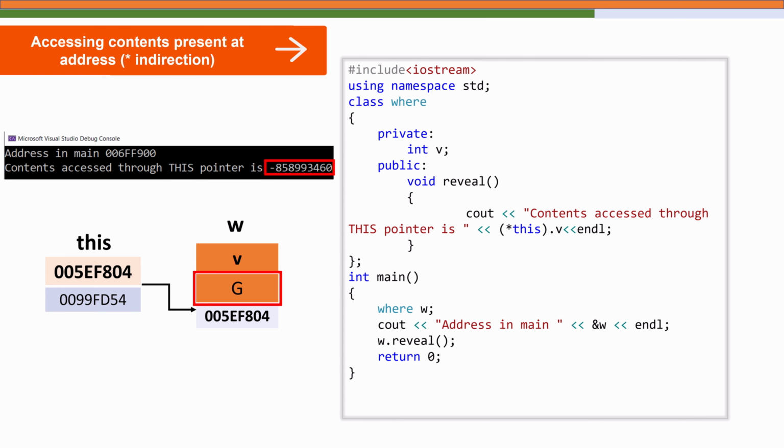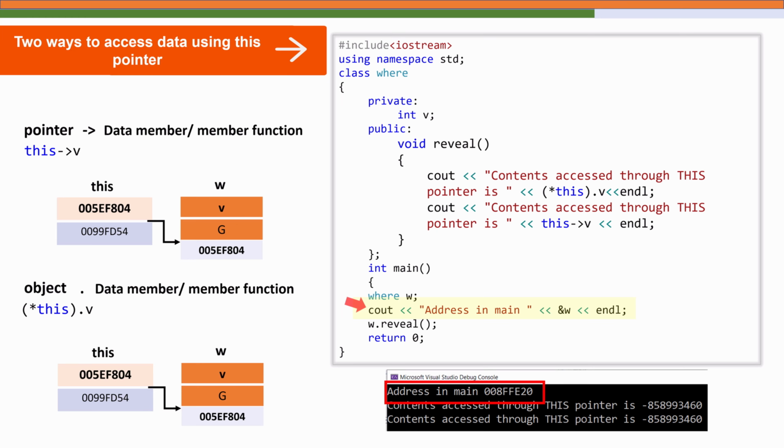We have already learned that the this pointer refers to the current object, and by dereferencing it we can access the object's data. Now let's take it one step further and see that there are two equivalent ways to access a member variable through this. Inside the reveal function we are printing the same member variable v in two different ways.